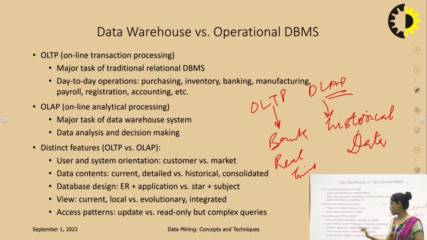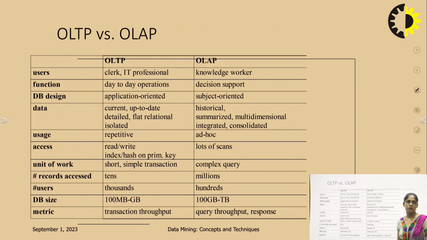View is current and local versus evolutionary and integrated. Access patterns are update versus read only, but complex queries are there. On the basis of these characteristics and features, we can differentiate between OLAP and OLTP.